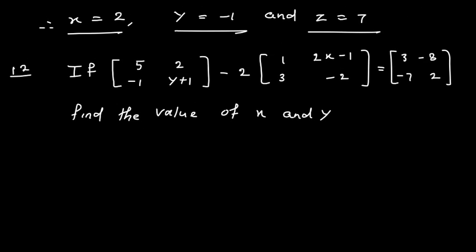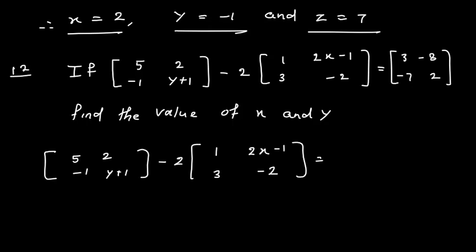We have 5 2 minus 1 y plus 1, minus 2 times, here we have 1 2x minus 1 and 3 and minus 2, is given equal to 3 minus 8 minus 7 and 2.